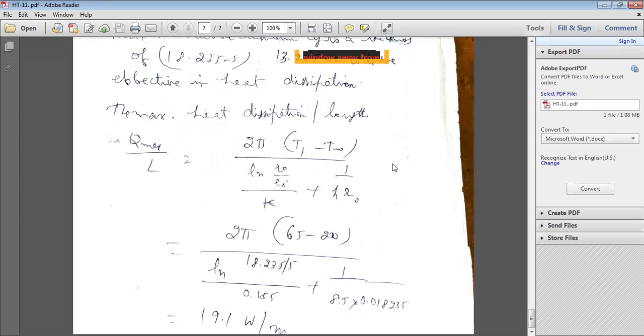To have a maximum surface area, you provide fins to increase the surface area and get high heat transfer rates. So in the next class, we'll go for heat transfer analysis using fins. Again, fins are of three types, which we'll discuss in the next class.